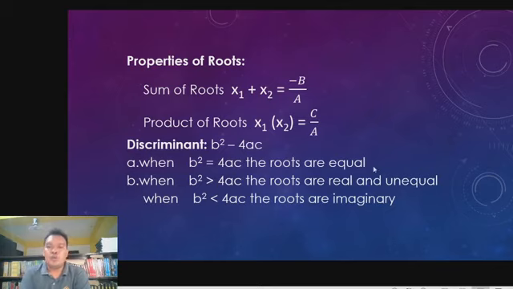Okay, so when b squared is equivalent kay 4ac, the roots are equal. Ibig sabihin, pareho lang po yung magiging value ng x1 and x2. Then, when b squared is greater than 4ac, the roots are real and unequal.